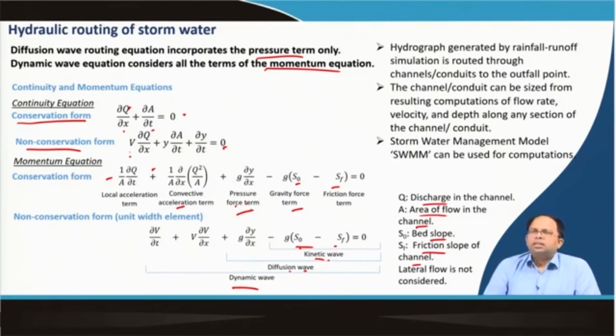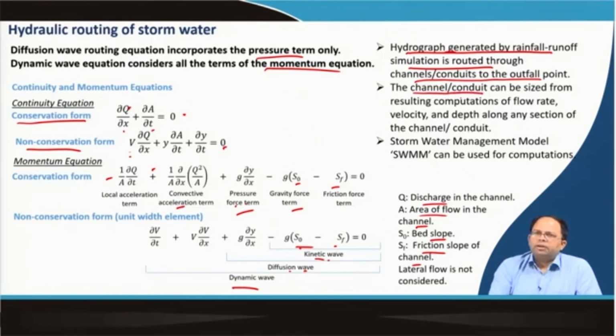But what we need to understand is that we need to generate hydrographs for rainfall runoff simulation. That means for every rainfall event, runoff is generated, and this runoff is routed through channels and conduits to the points of outfall, and we need to generate hydrographs for that. The purpose of all these equations is to generate these hydrographs, and based on that we have to size the channels.